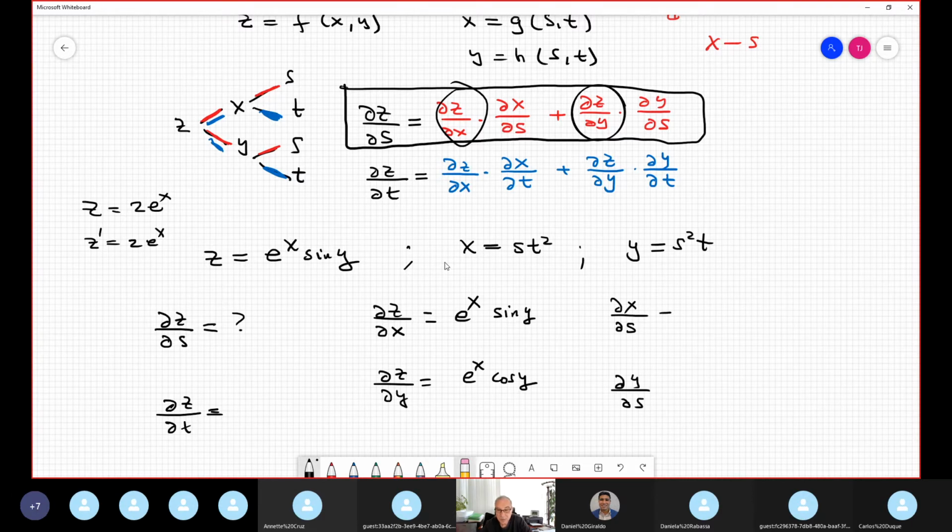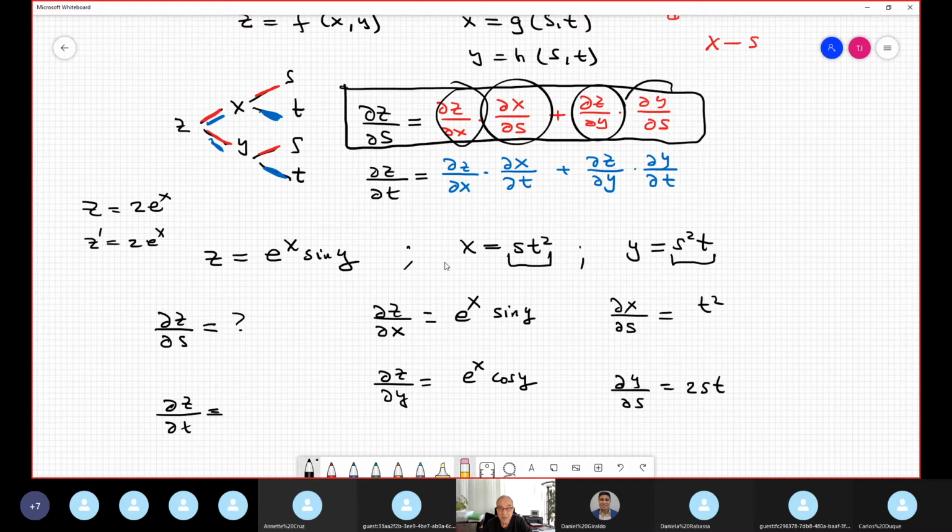So the partial derivative of x with respect to s: you differentiate this with respect to s. You consider that t squared is a constant, so the derivative of s with respect to s is 1, and the answer is just t squared. And the partial derivative of this with respect to s is 2st.